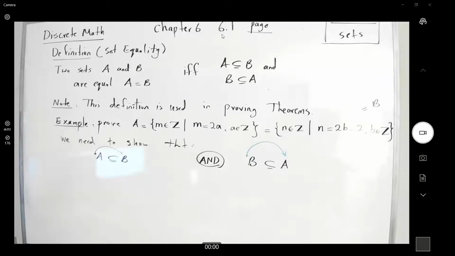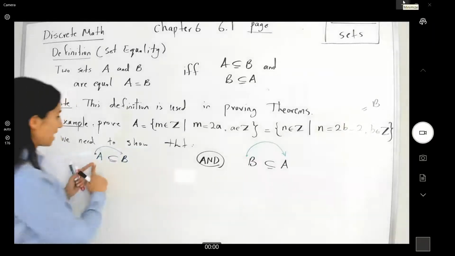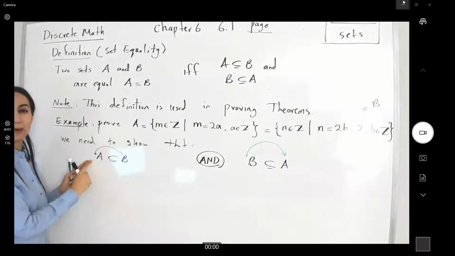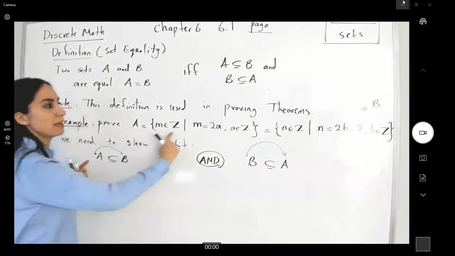So here we start. We want to show that A is a subset of B. It means that we need to take a random element in A. But what are the elements in A?